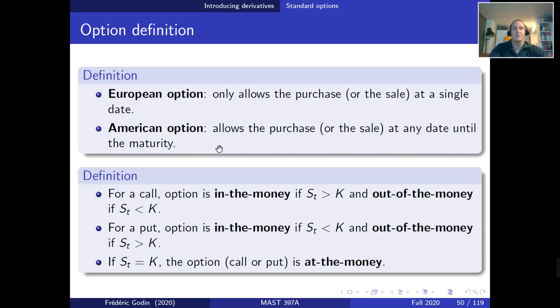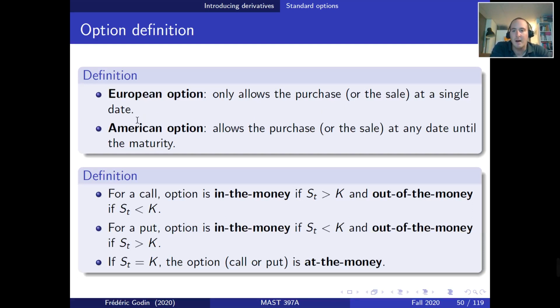It's associated with the following feature. A European option is an option which allows you to purchase or sell the underlying asset at a single date. So when you have a European option, if you're an option buyer, you can decide whether or not to make the exchange at a single fixed date.